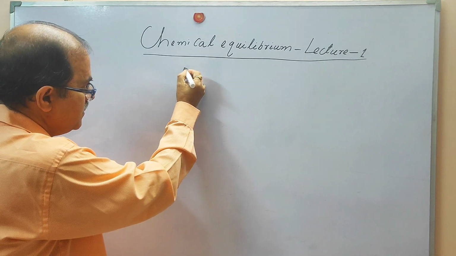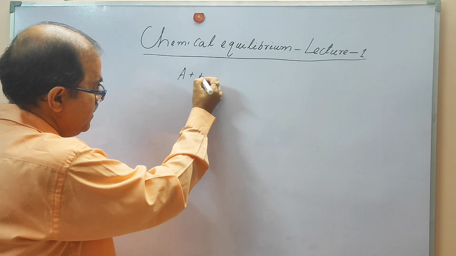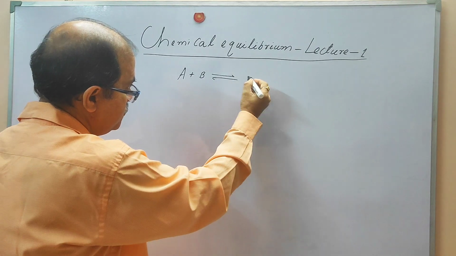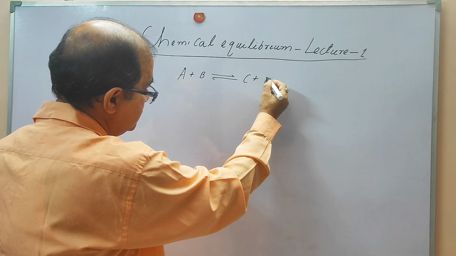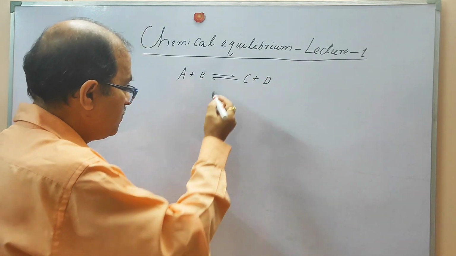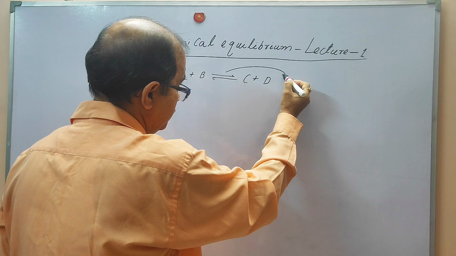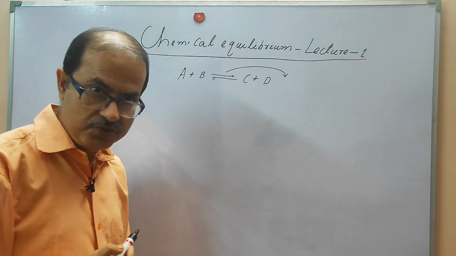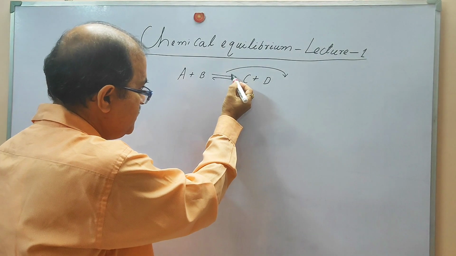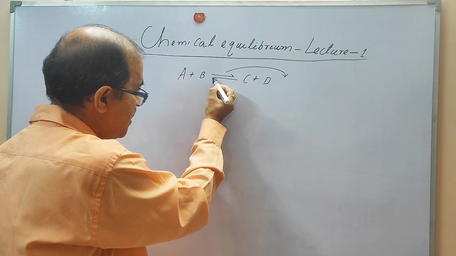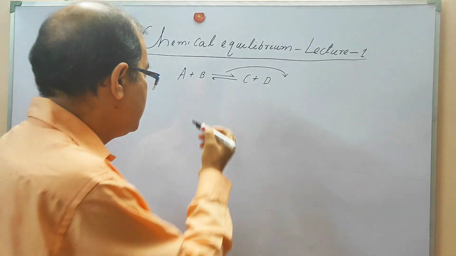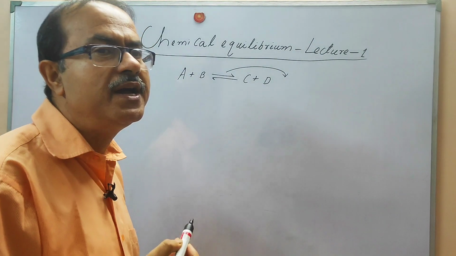Suppose this is a reaction. A and B are reacting and going to give the products C and D, right? For a reversible reaction, this notation will always be given. This is the double half arrow. You can see this is a half arrow and this is a half arrow, and together this is the double half arrow. This signifies that the reaction is going on in both directions.